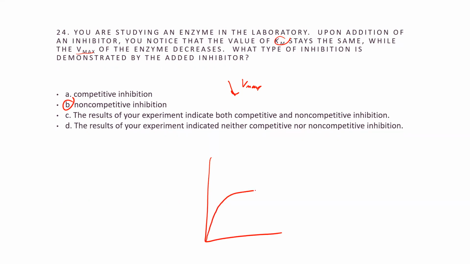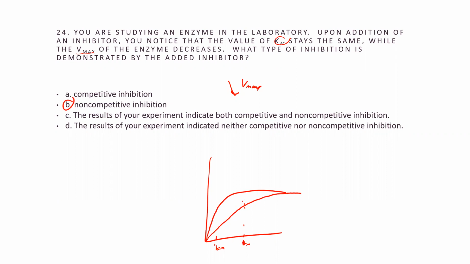Let's say this is your original reaction. Here's your Km. Because there's less available, it's going to take longer to get to that Vmax. So this Km is going to increase because you have to add more substrate to get to your original Vmax. That's competitive.